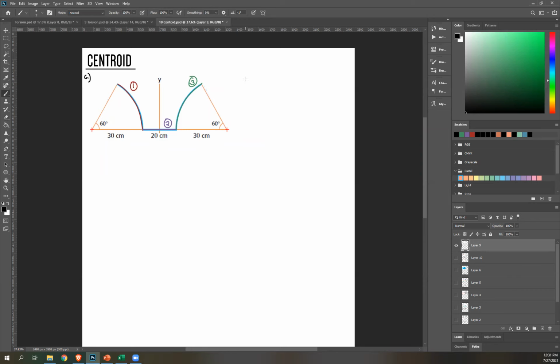So it's just alpha, and that's just theta over 2. Right? Half the measure. So this is 60. That's 30 degrees. And then following our equation, line 1, it's 2 alpha r. Alpha again is 30. This is in degrees, so convert to radians, so times pi over 180. And then radius 30.